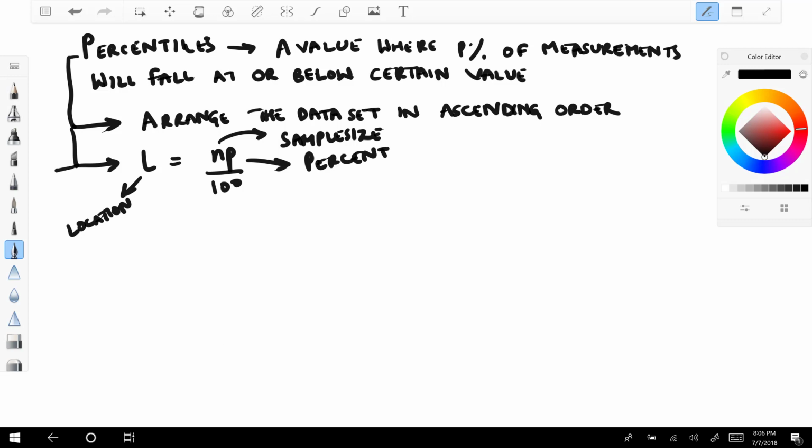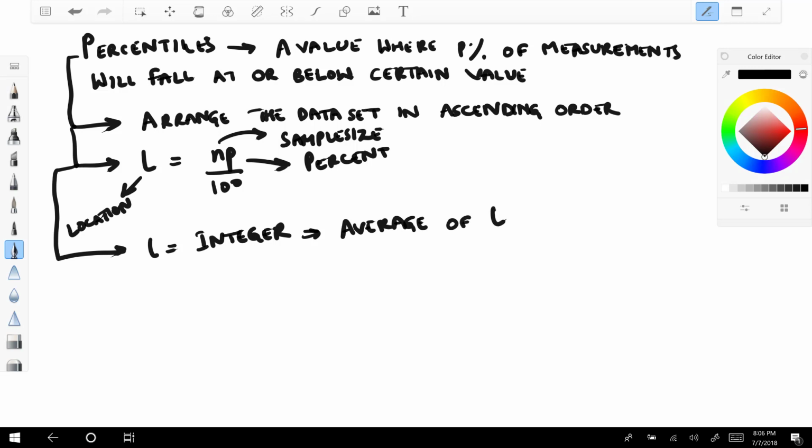So the next step is, if L is an integer, so if we get an integer value, we take the average of the L and L plus 1 term.